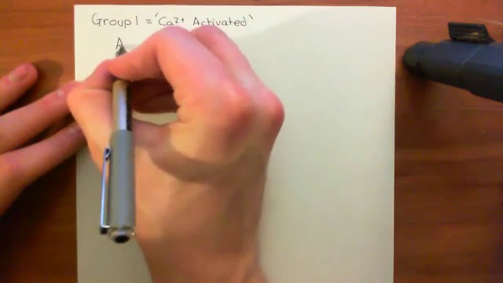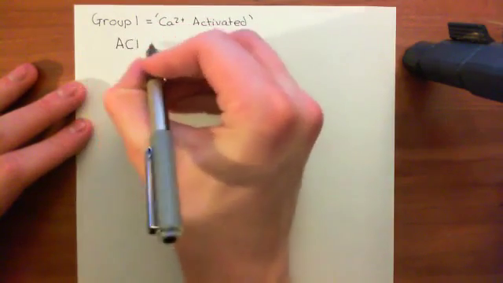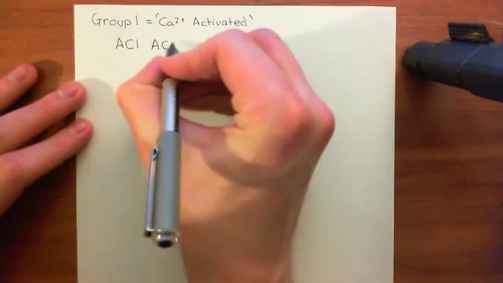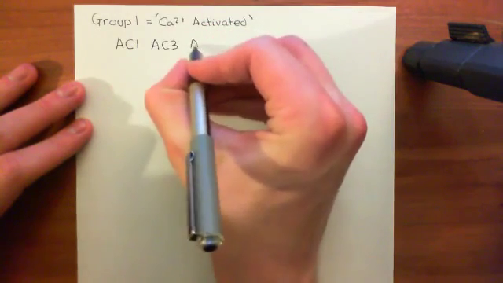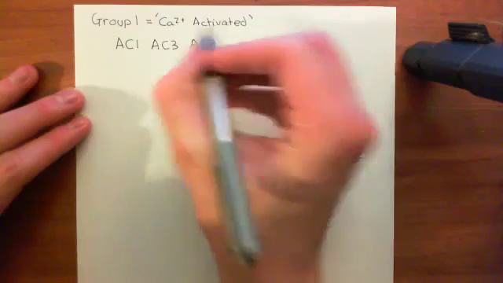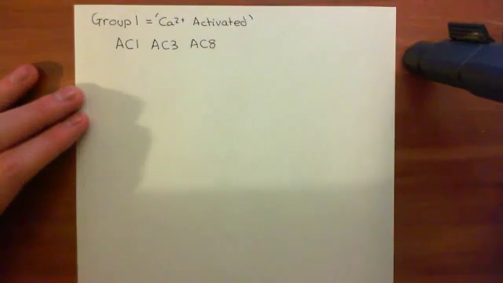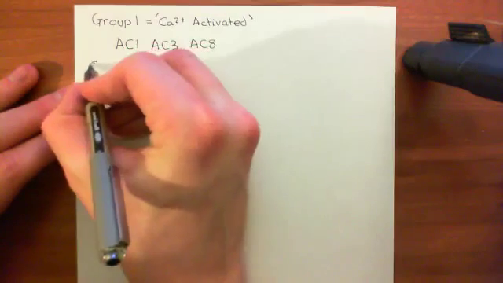This group includes adenylyl cyclase 1, adenylyl cyclase 3, and adenylyl cyclase 8. So that's 3 members of the 9 in group 1, the calcium-activated adenylyl cyclases.